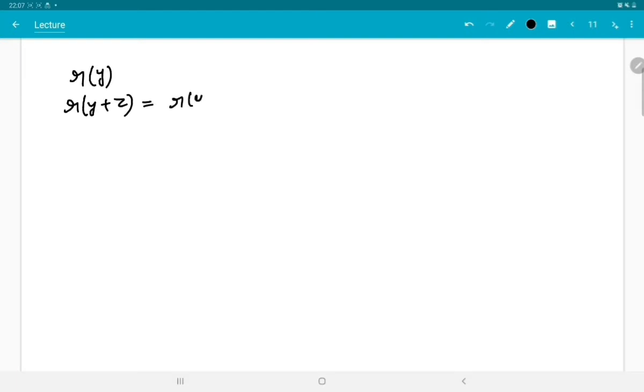So r of y plus z is approximately r of y plus Dr of y times z, where Dr of y is a matrix which has partial derivatives of elements of r of y with respect to y. We call this r hat of y plus z, just an approximation.